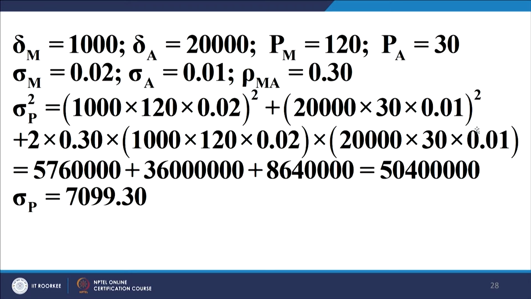You are simply to put the respective values in the formula, and you get sigma P equal to 7099, a pretty straightforward problem. This is S_A, this is sigma_A, this is delta_A, sigma_B, and this is delta_B, this is S_B, this is sigma_B, and this is the cross term, and this is what we get.